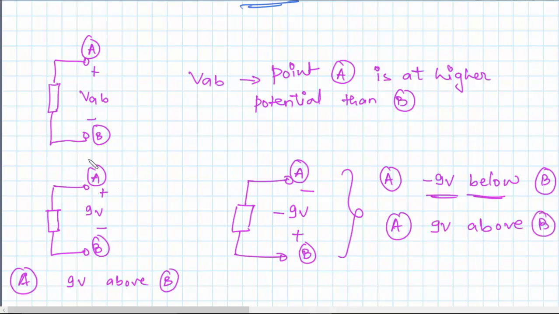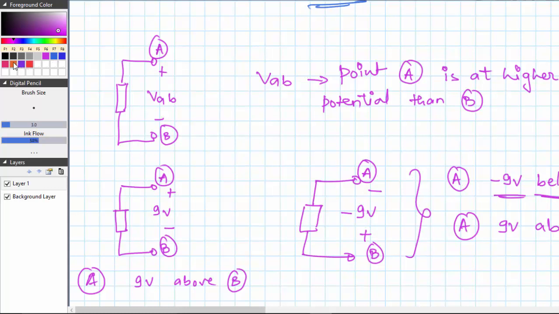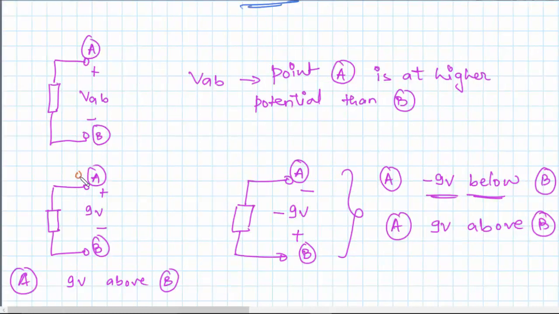Let's consider this case first. Suppose I start from point A. Now if I go down to point B, there will be a potential drop of 9 volts. And in the other case, if I start from point A, there will be a potential rise of minus 9 volts. So a potential rise of minus 9 volts is similar to a potential drop of 9 volts.